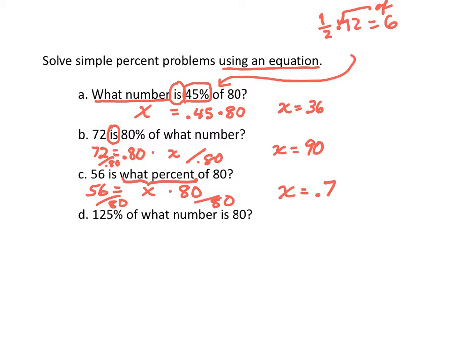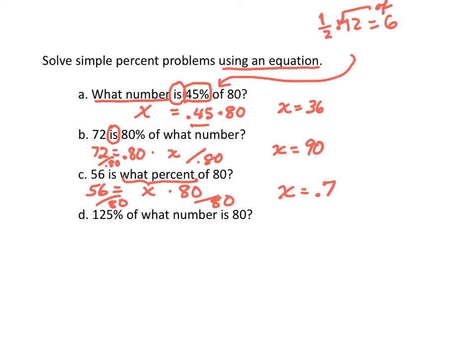Now that 0.7 is the decimal form of the percent that I want. Because remember, go back to problem A, whenever we use a percent number in an equation, we have to make it into the decimal. Like 45% is 0.45. Okay, so this one we got the decimal form of the percent from the equation.